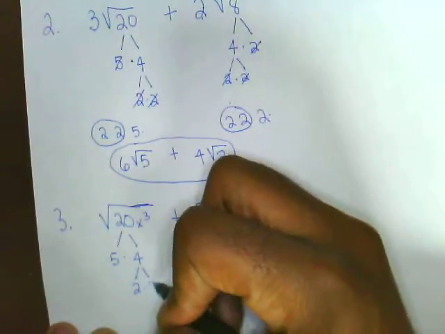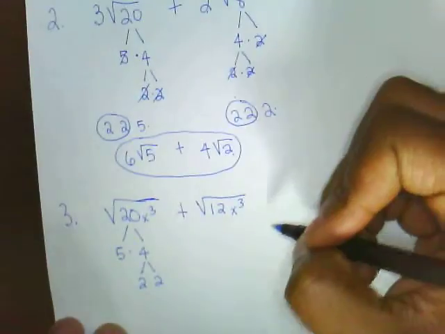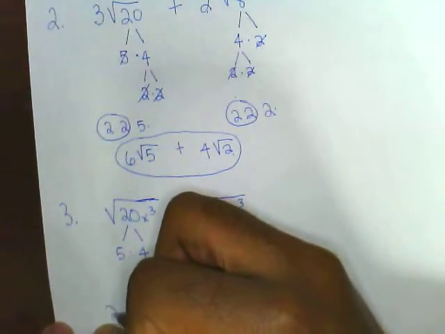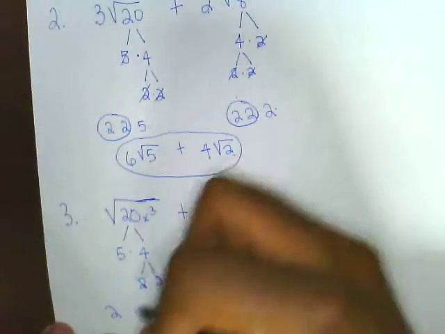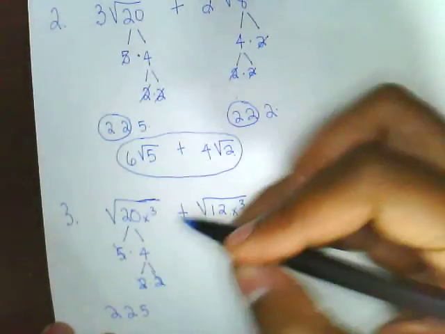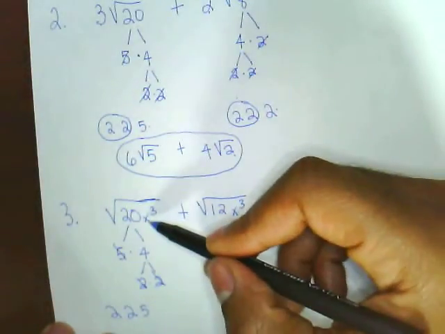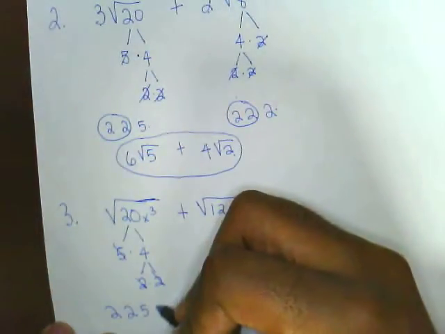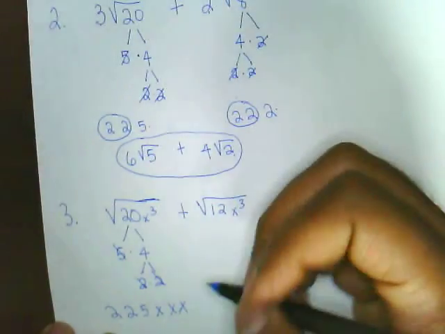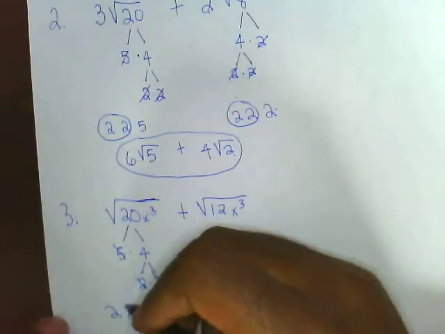The 4 is not prime, so we have 2 times 2. All prime numbers. So we write them out: 2, another 2, a 5. Now the only difference is you also add the 3 x's. 1, 2, 3. So now we still circle our pairs.